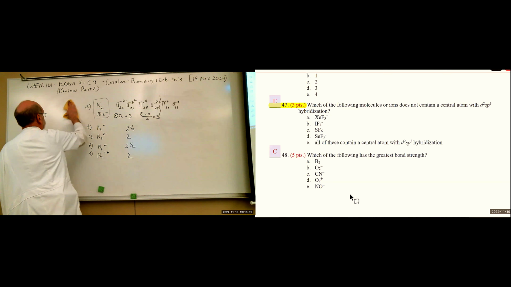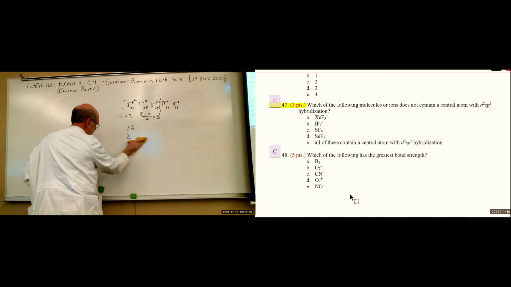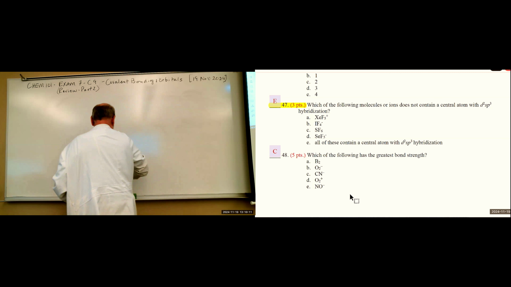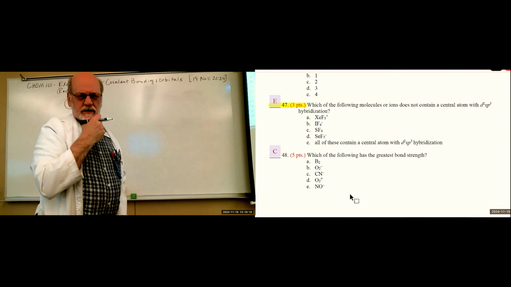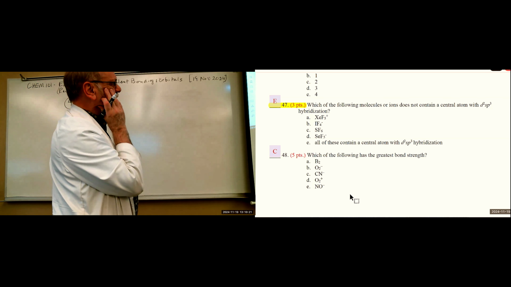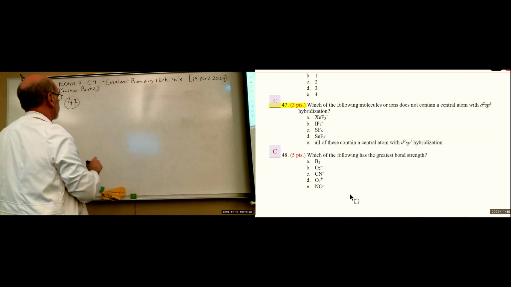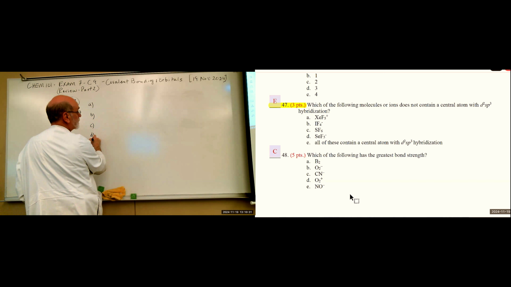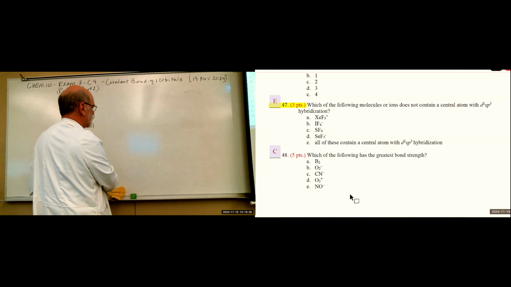47. All right, which of the following molecules or ions does not contain a central atom with d2sp3? C, E. And E says all contain d2sp3.